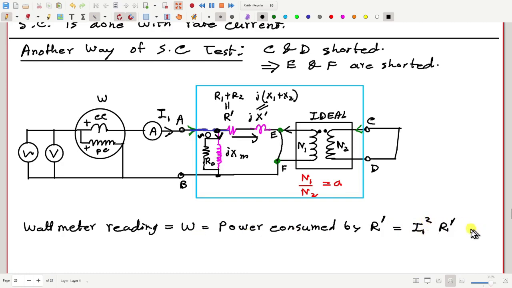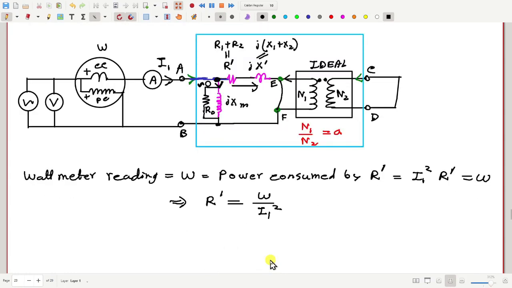So this is equal to W. From this we can estimate R prime as W by I1 squared, right?